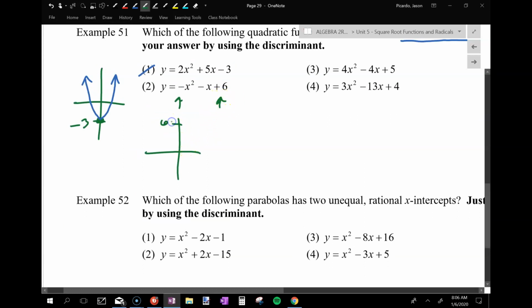So if I have a y-intercept of 6 and I have a sad parabola, the only way I can have a sad parabola is if I go through the x-axis. So choice 2, no good.